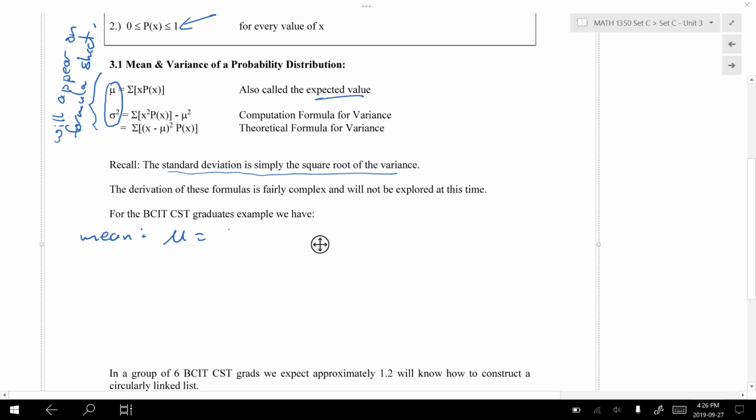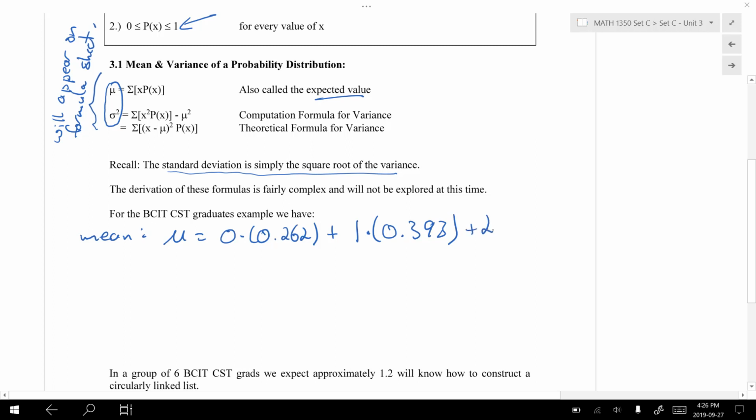So the first outcome, the first x that we had was 0. Maybe 0 students know how to do this task. And the corresponding probability was about 26%. We can add to that the probability that one of the students knows how to do the task times its corresponding probability.